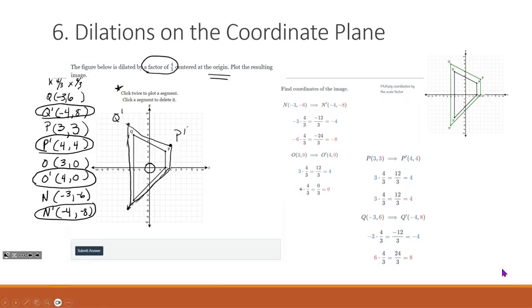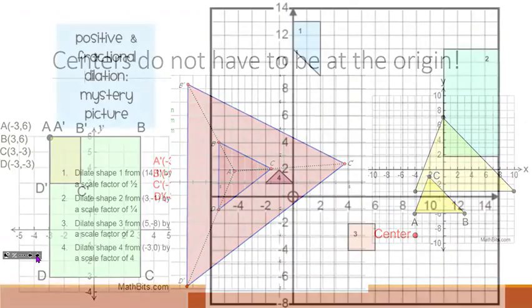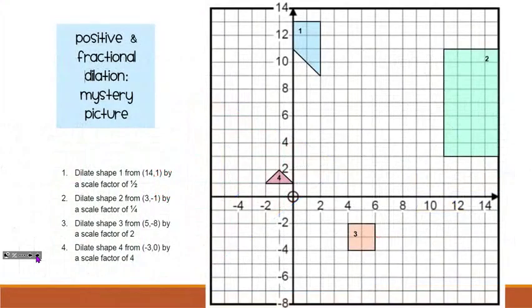But sometimes things aren't always going to be at 0, 0. Sometimes they move. I just want to show you this. This is on the back side of your worksheet that we did earlier, where we were scaling up and scaling down certain shapes. Let me get you started on this.